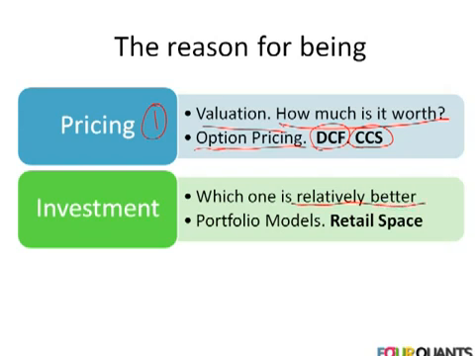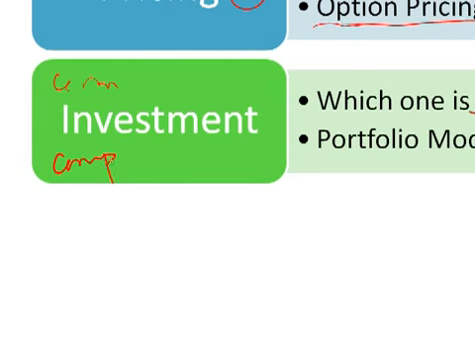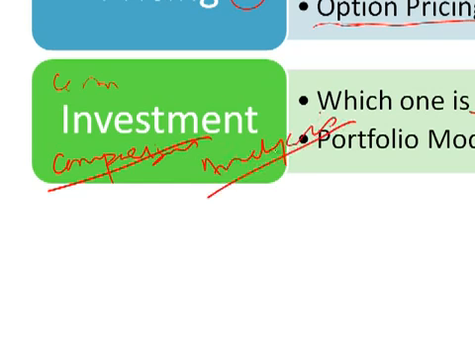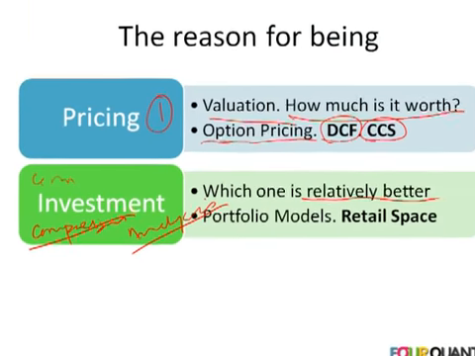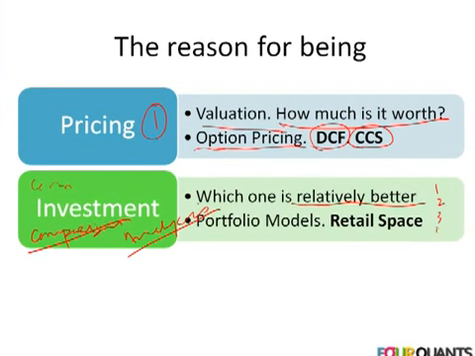Now within the investment question, one part is comparison. One part is analysis, and when we talk about analysis, your focus is on, under a range of scenarios going from 1, 2, 3, 4, and 5, how would security A, security B, or even security C perform?